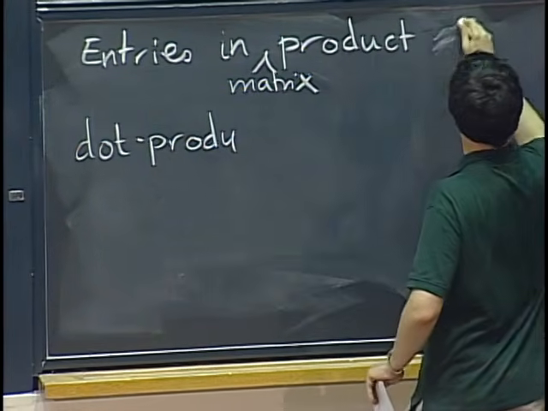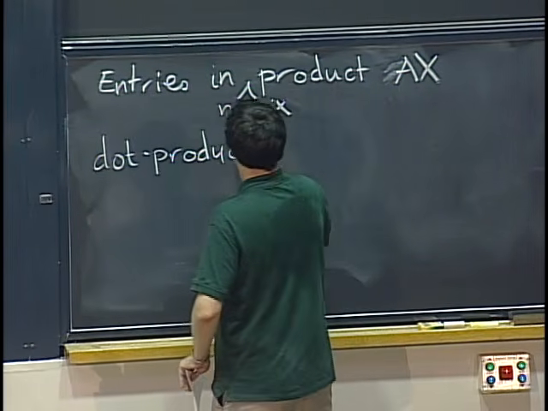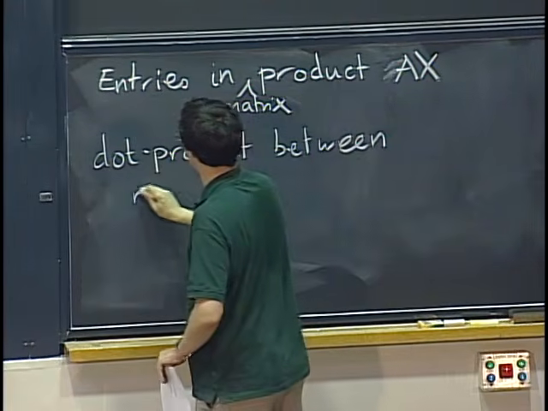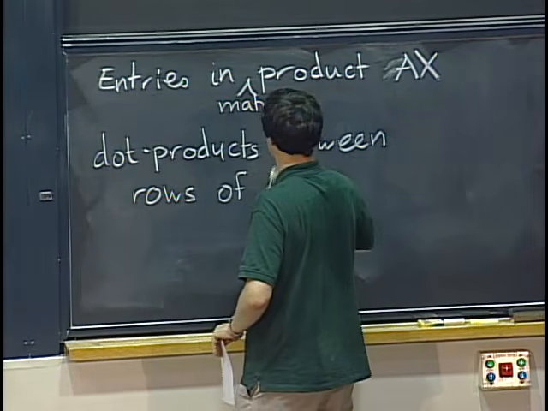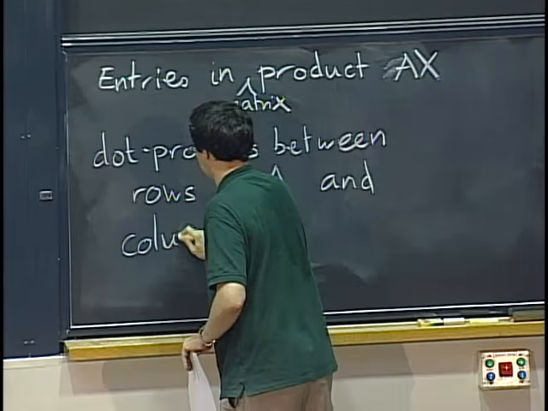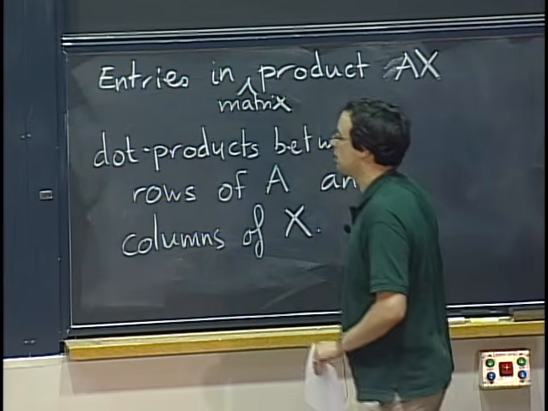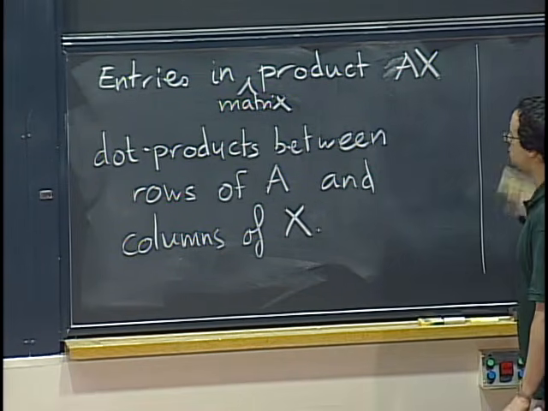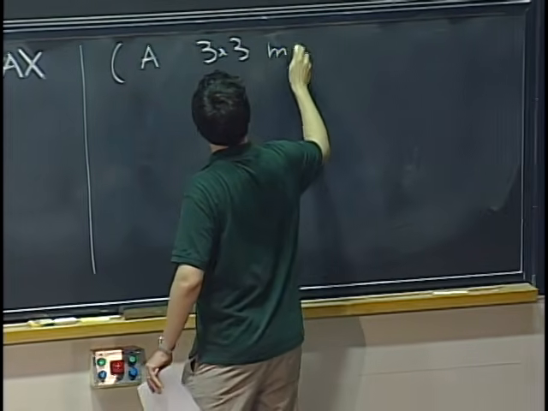So let's say we're doing the product AX. So we do a dot product between the rows of A and the columns of X. Maybe I should say here, A is a 3 by 3 matrix.